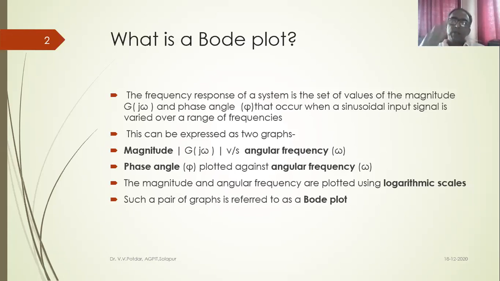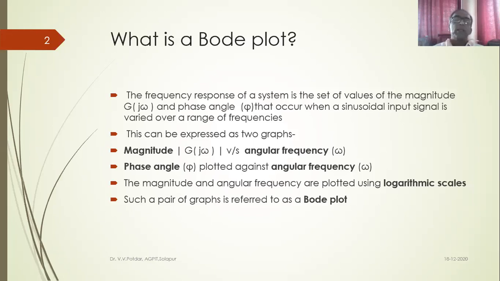The force is varying harmonically, the force is varying sinusoidally. So that is my input function. Now, to this sinusoidal input signal, how does the system behave? The study of this system behavior is depicted by using a Bode plot.